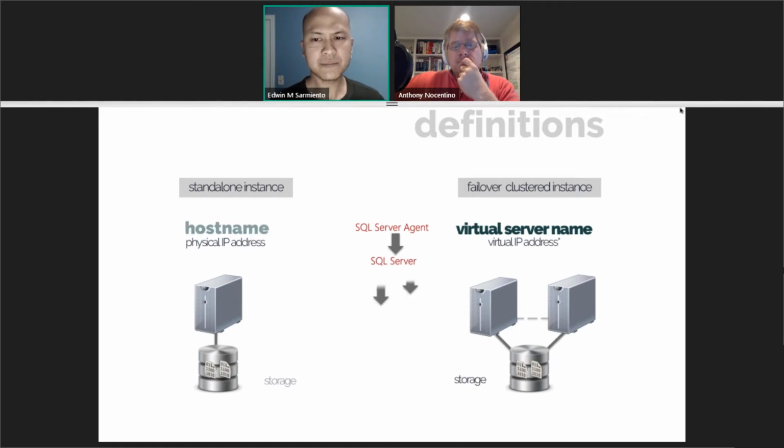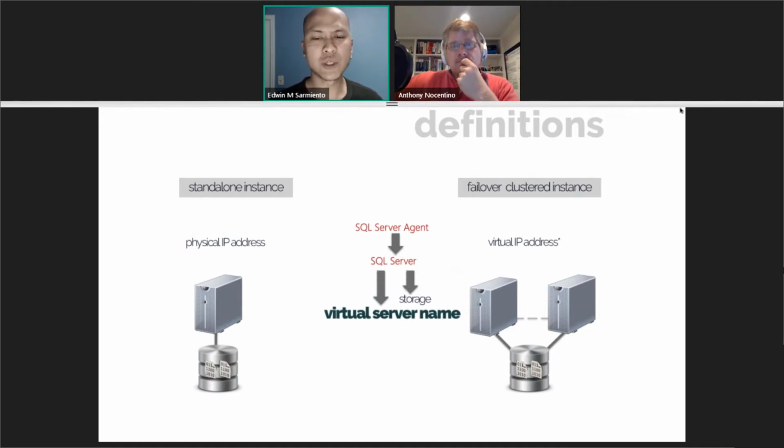Similarly, though, in terms of storage and virtual server name, the SQL Server service, in this case, has to wait for the virtual server name to come online, and I'm using the term "and" here, and the storage, the shared disk where the master database and the user databases are stored. So both the virtual server name and the storage have to be online in order for SQL Server to come online.